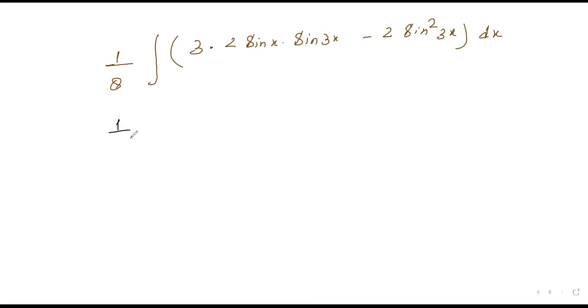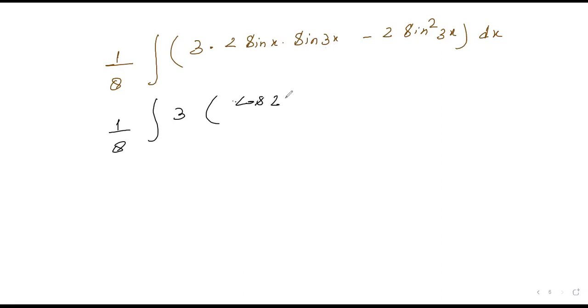It is 1 divided by 8 integral. 2 sine A sine B is basically cos A minus B minus cos of A plus B. So 3 into cos of A minus B is cos minus 2x. And as you know, cos of minus theta is plus cos theta.